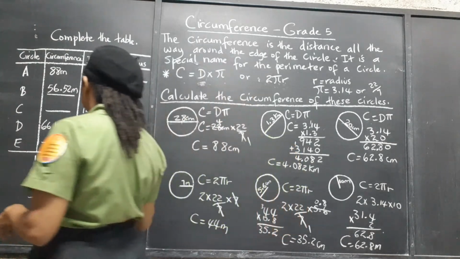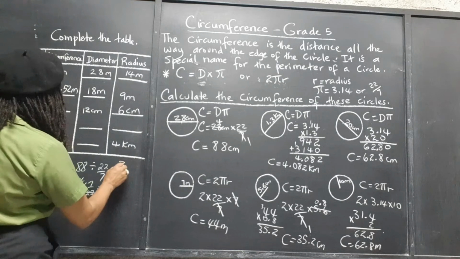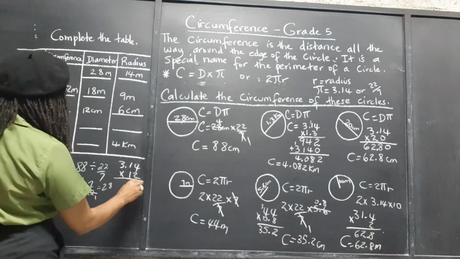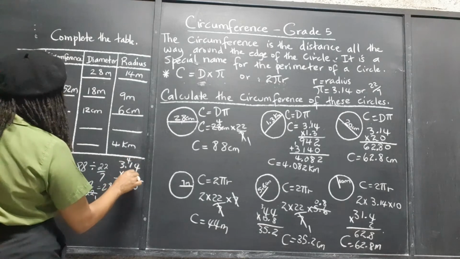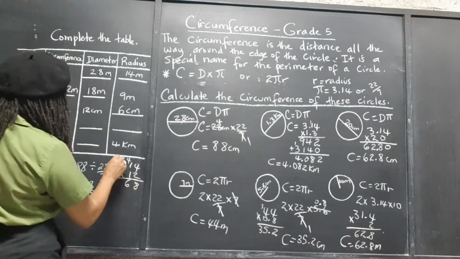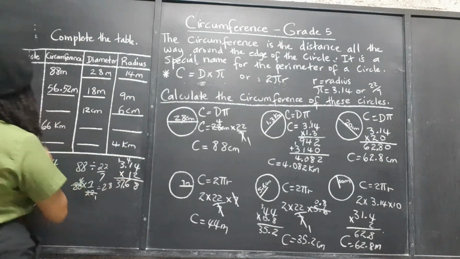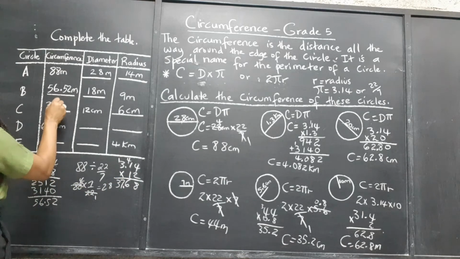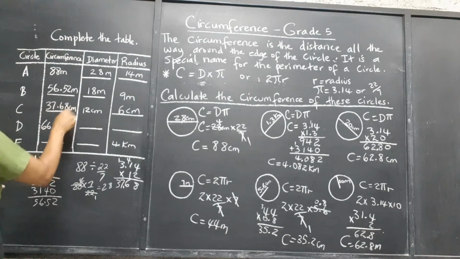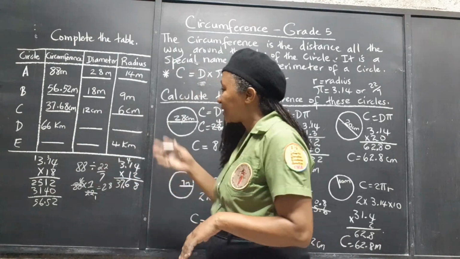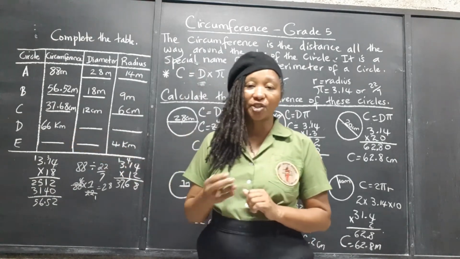So that's going to be 3.14 times 12. 12 times 4 is 48. 12 times 1 is 12 and 4 is 16. 12 times 3 is 36 and 1 is 37. 2 decimal places. 37.68 centimeters.